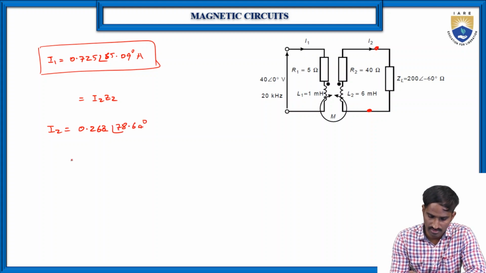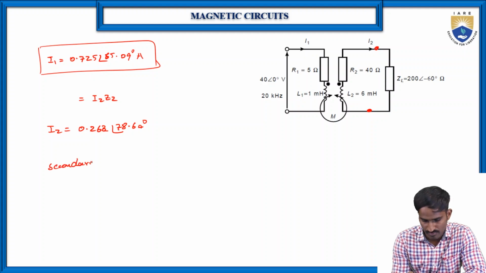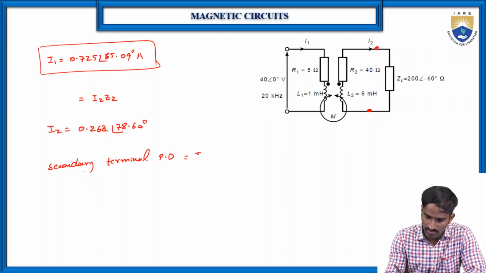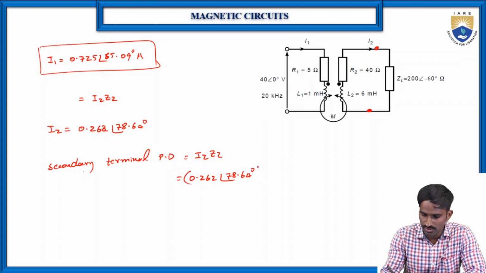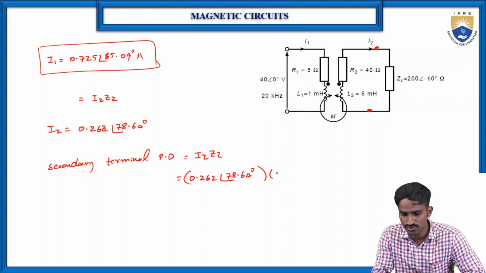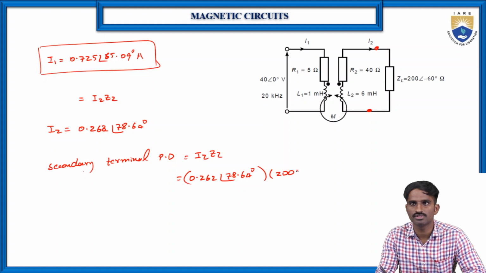Then substitute here. The secondary terminal potential difference is equal to I2 into Z2. Now we know the value of I2, 0.262 at an angle of 78.64 degrees, into Z2, which is 200 at an angle of minus 60 degrees.